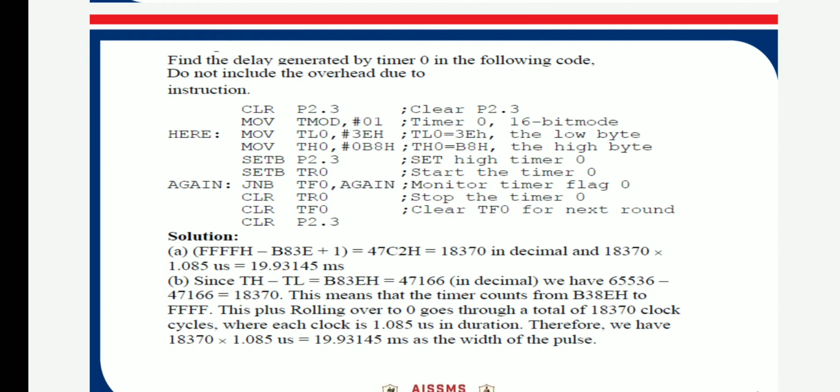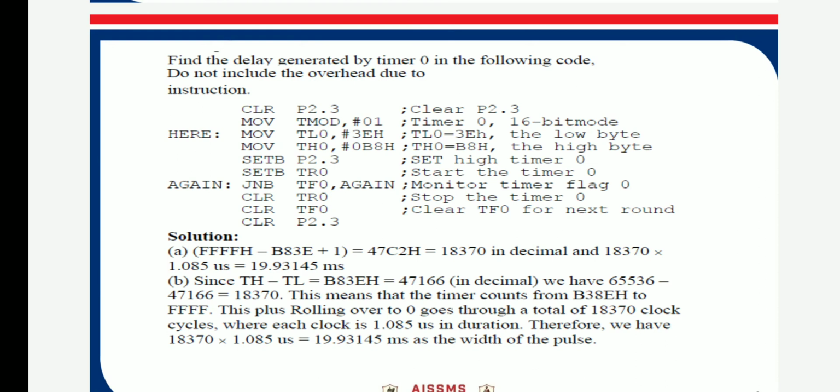If we see here, clear port 2.3 means at port 2.3 we are getting the output. The MOV TMOD, #01 is timer 0 mode 1. So this mode 1 is a 16-bit mode.